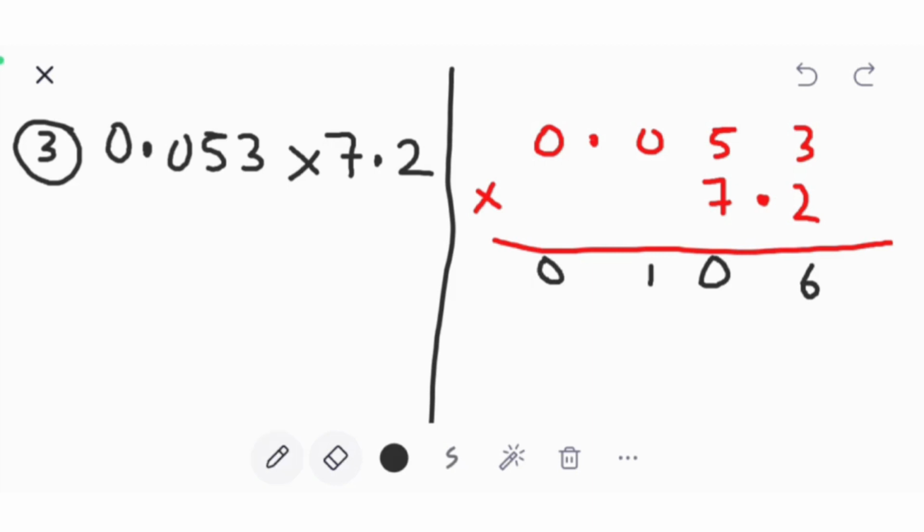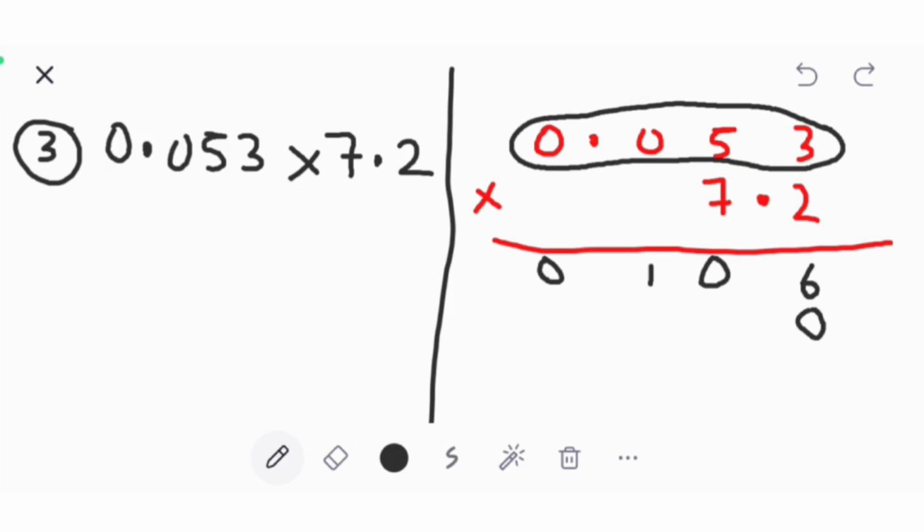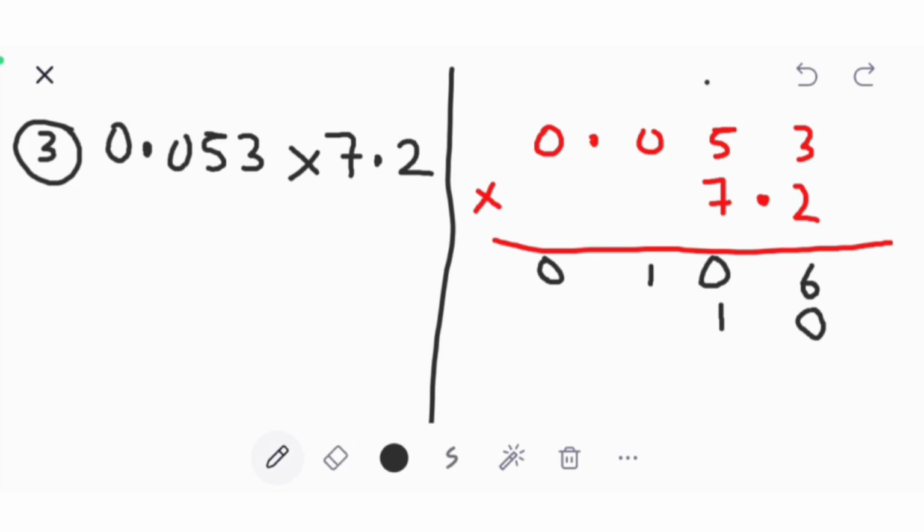Now before you use 7 to multiply, you have to write a 0 here first. Now 7 will multiply all these digits that I circled at the top. So you do 7 times 3, that gives you 21. Write down 1, put 2 on top of 5.